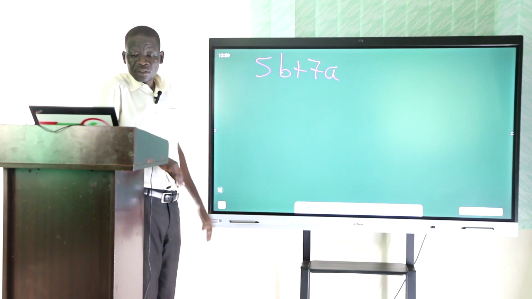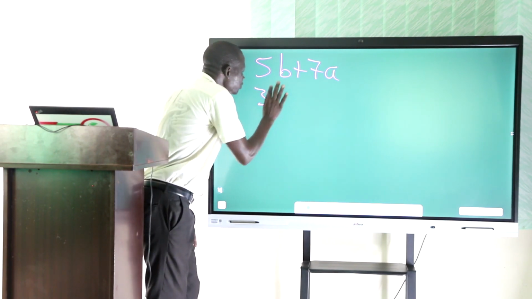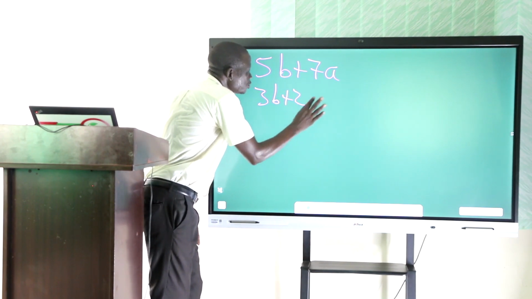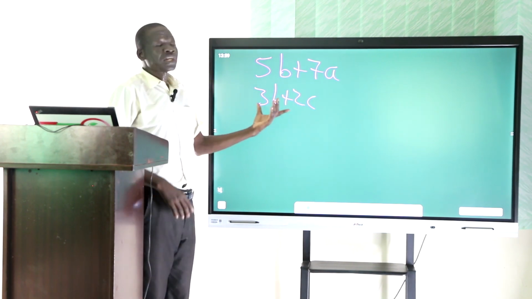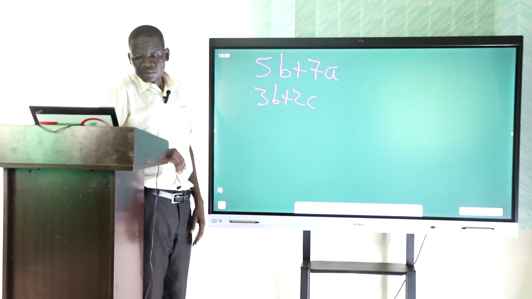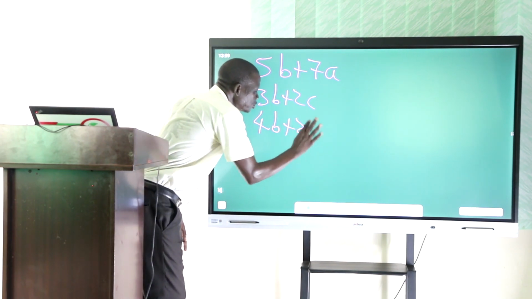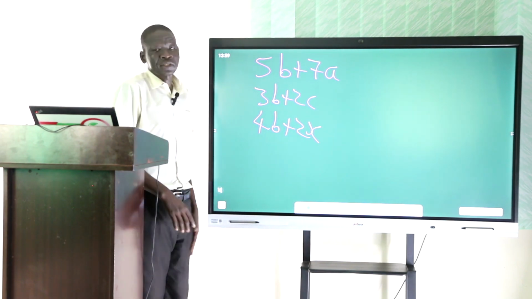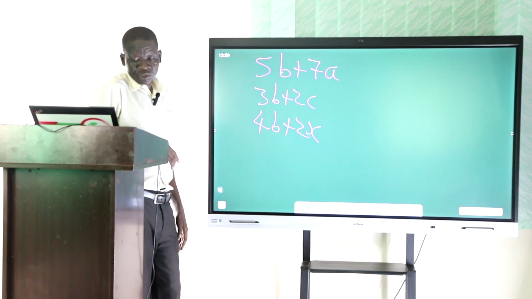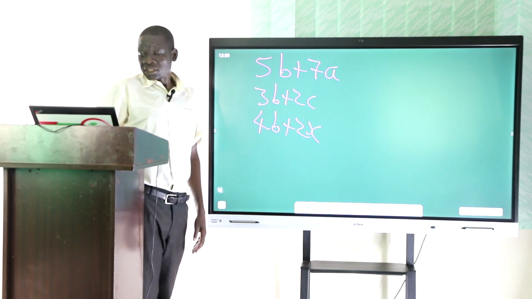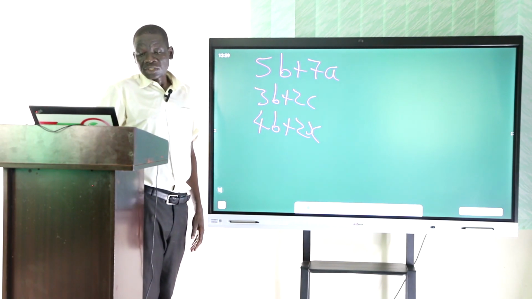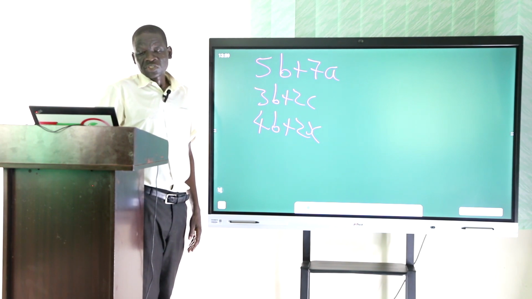We can have maybe 3b plus 2c. These are unlike what? Terms. 4b plus 2x. These are all what? Unlike terms. So generally, unlike terms are those contained in an expression which consists of different variables.